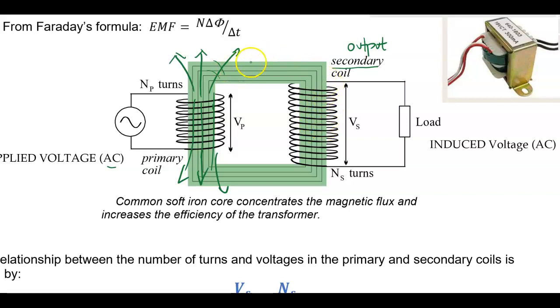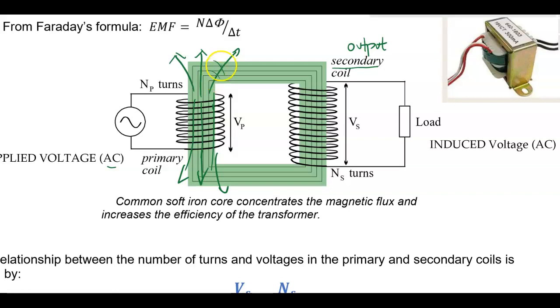And if we ignore this green square here, if we just brought the secondary coil closer to the primary coil, the secondary coil would experience a changing magnetic flux and you'd get a current induced in it. You get an EMF across it, so you get a current. But it won't be very efficient.